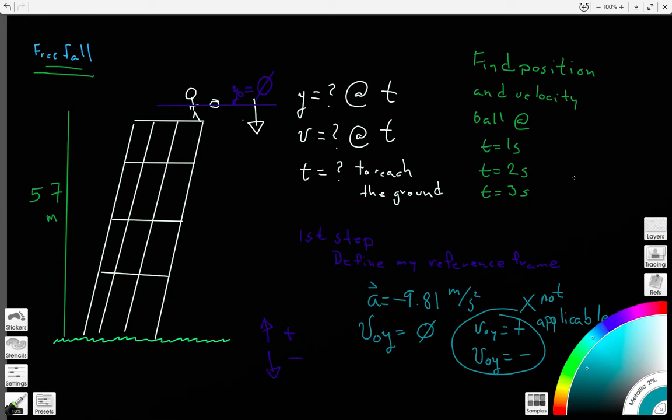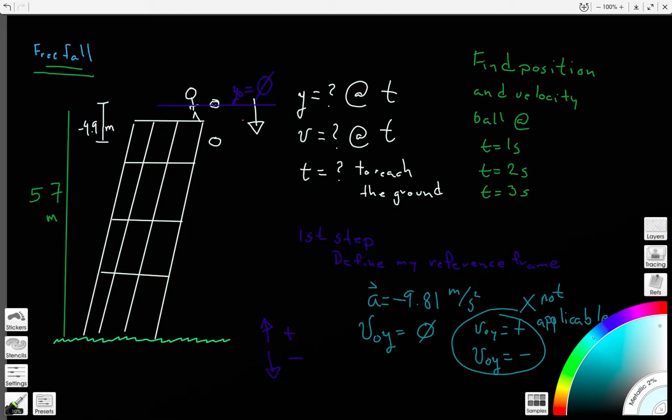So originally, my ball, here, let me put this in white, my ball was here at y equals 0. And now, after 1 second, my ball is here. And the distance from here, from my reference frame, to this point is minus 4.9 meters.